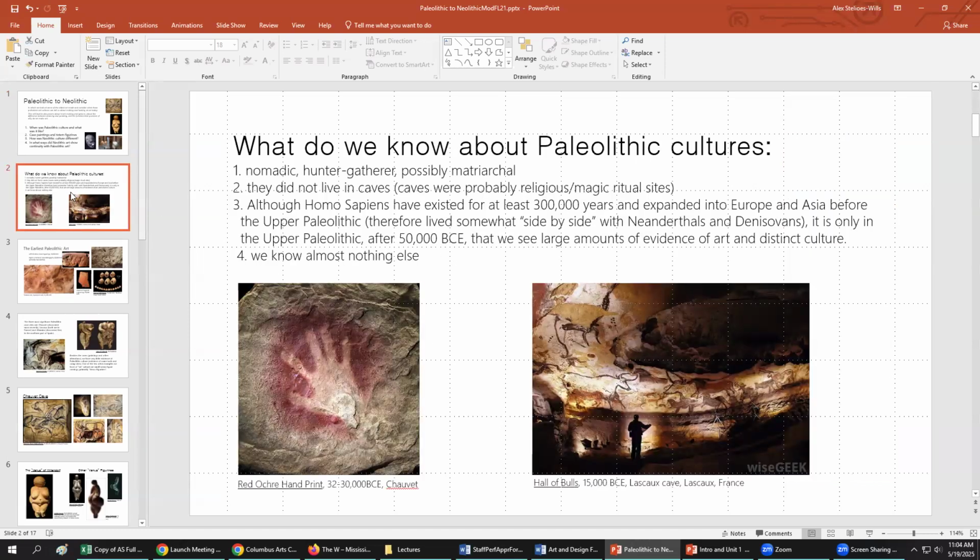Some of the things we need to know about Paleolithic culture before we even start talking about Paleolithic art. Number one, the Paleolithic period was very long. Even the period for which we have definite evidence that human beings existed is very long, 300,000 years.